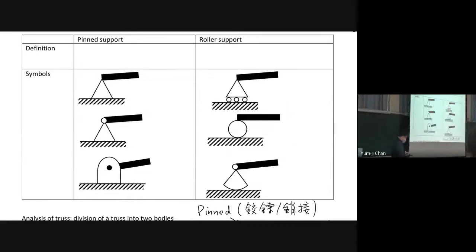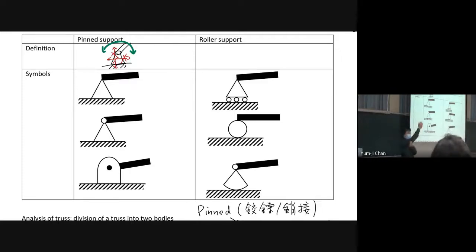For a pin support, we can rotate, but we cannot move to the left and to the right, and we cannot move up and down.